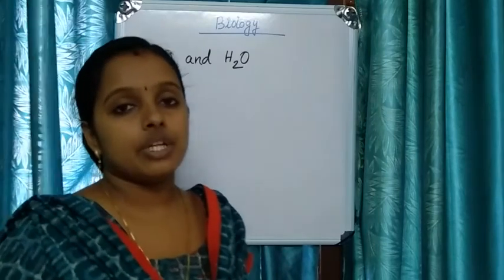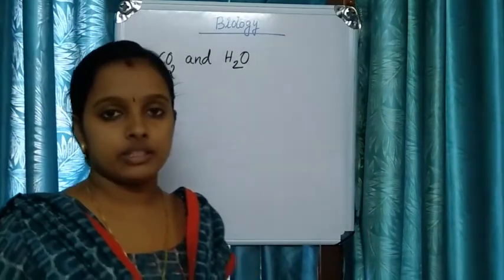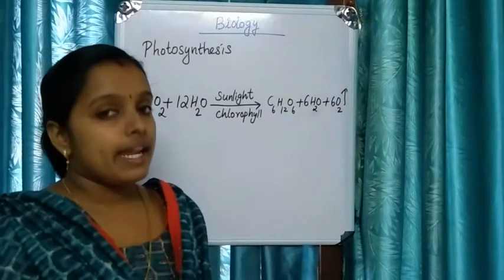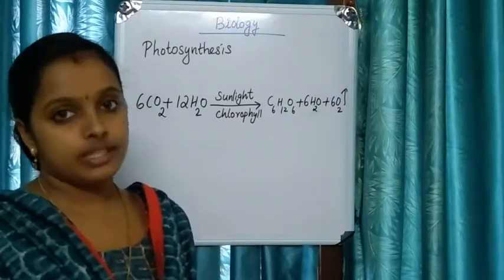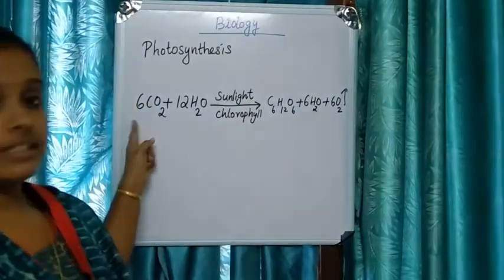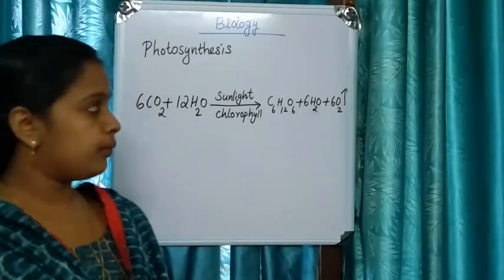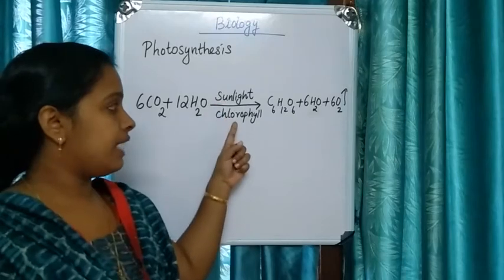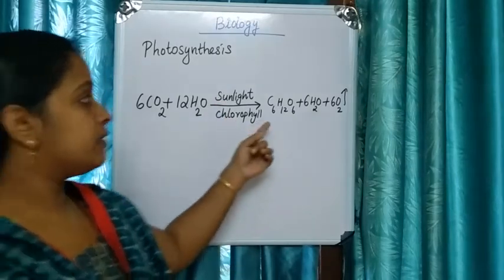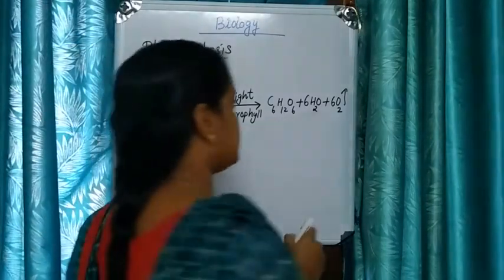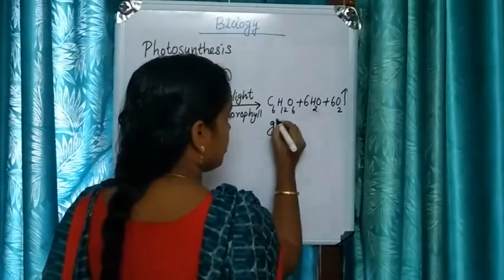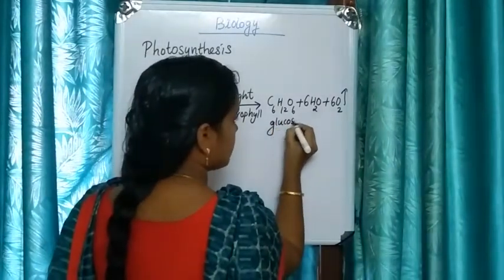What is the equation of photosynthesis? This is the balanced equation of photosynthesis. 6 carbon dioxide joined with 12 water molecules in the presence of sunlight and chlorophyll gives glucose. This is one molecule of glucose.